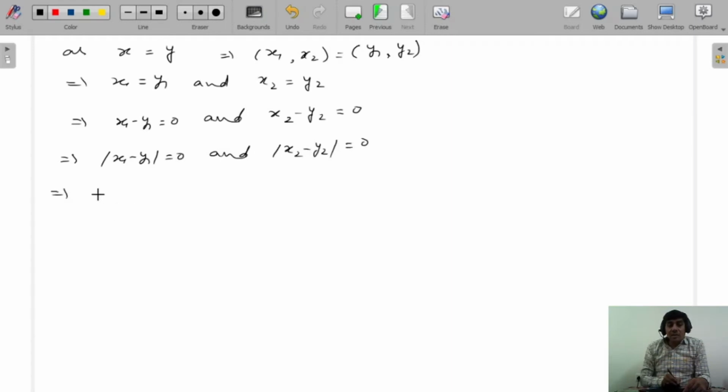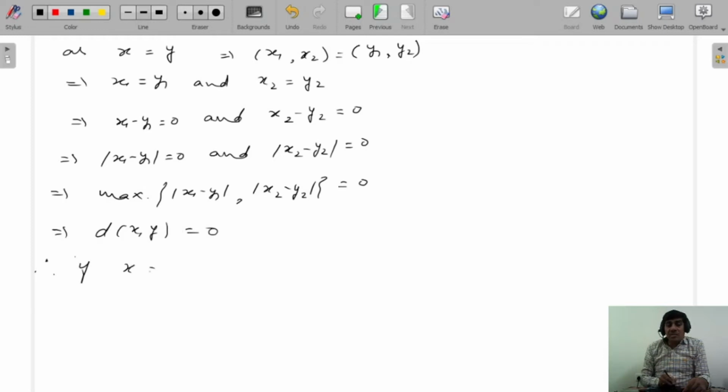This implies the maximum of modulus of x1 minus y1, modulus of x2 minus y2 is also equal to 0. This implies D(x, y) is equal to 0. Therefore, if x is equal to y, then D(x, y) is equal to 0. Call it equation number 2.